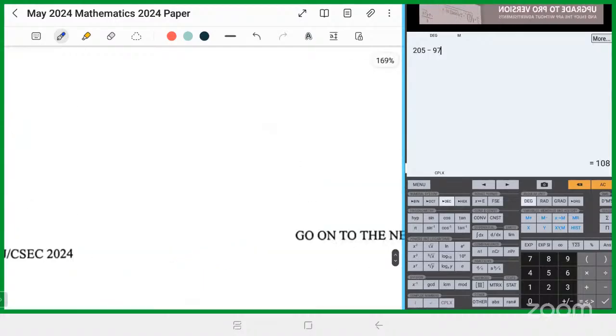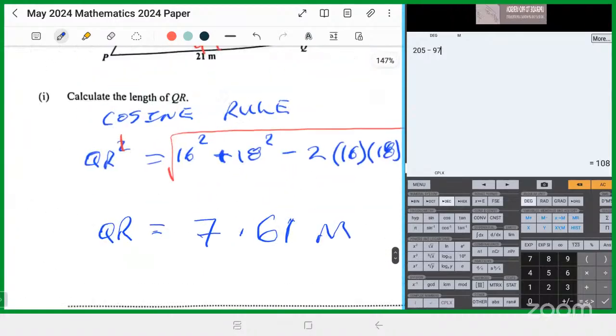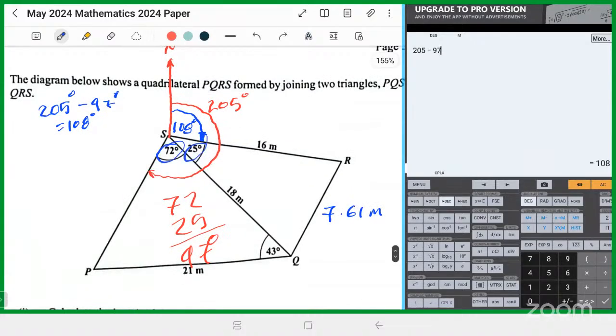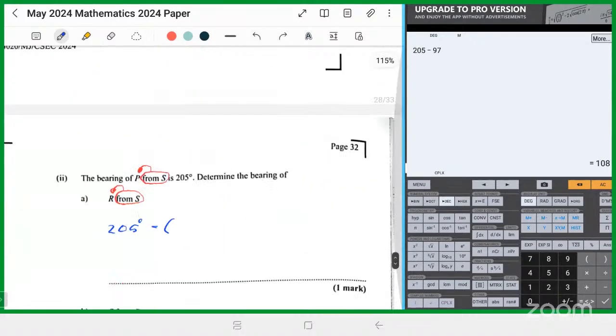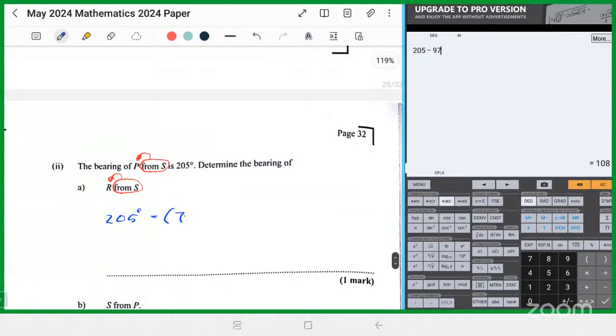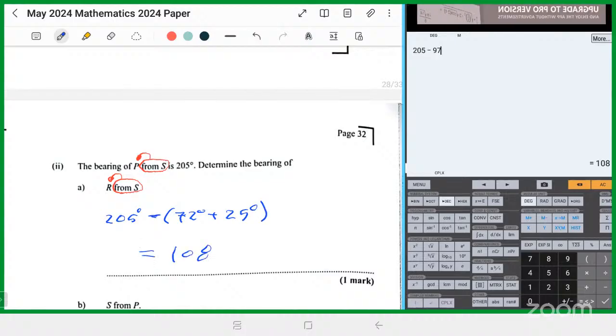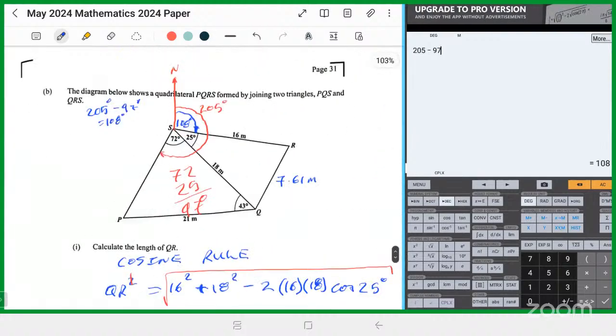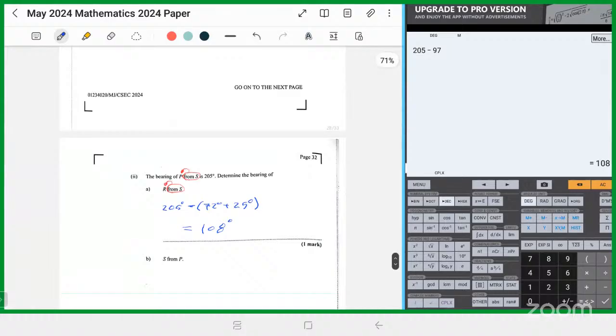That blue angle is the bearing that they want. So subtracting these two, let's show the calculation. 72 and 25. And that works out to be 108 degrees. That's what we are, right? 108. That's the bearing. Everybody good at that calculation?